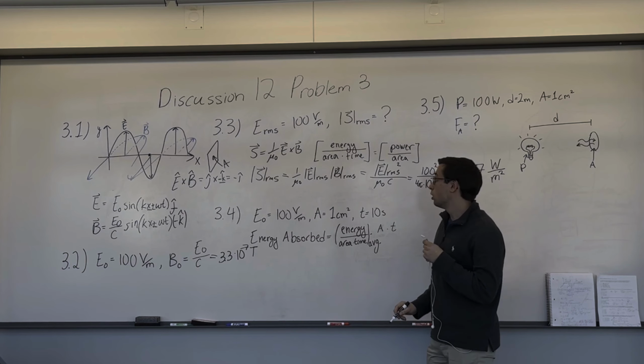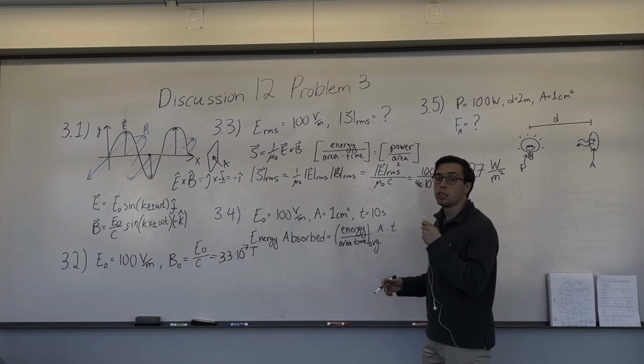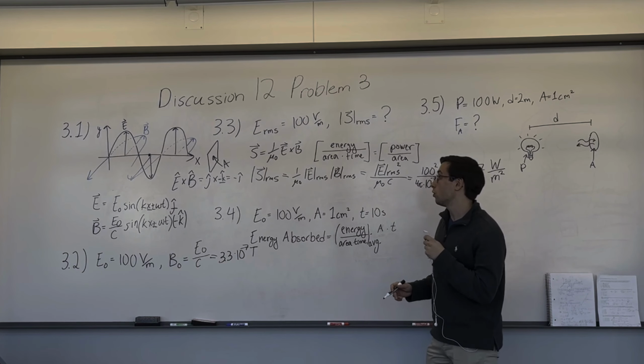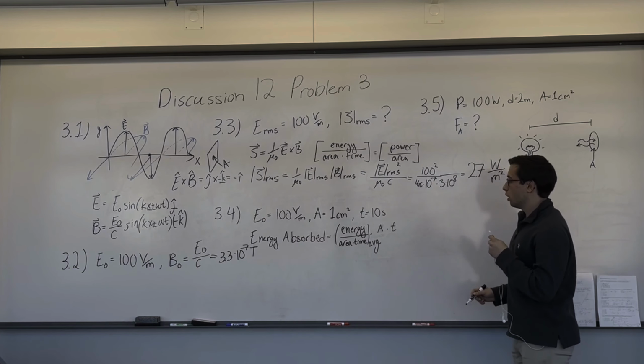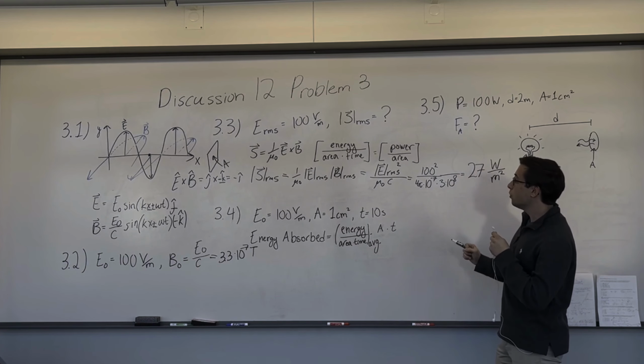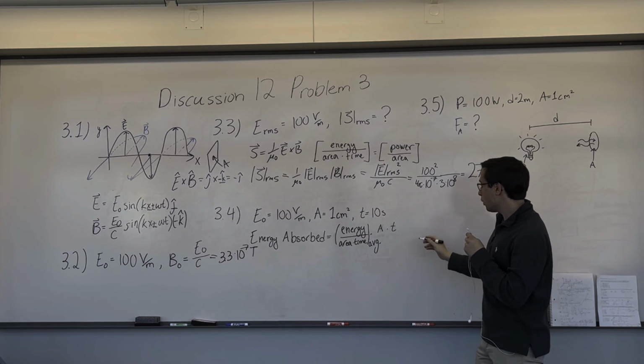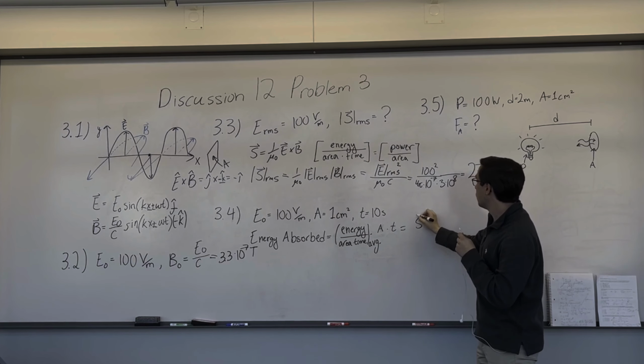Very often, or almost always, I should say, with light, we're measuring time averages, so over many cycles. And so this quantity here is exactly what we were looking at in the previous problem with this S_RMS. So let's actually write that out.